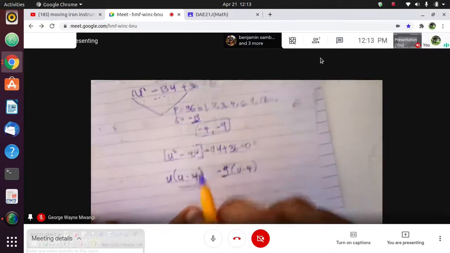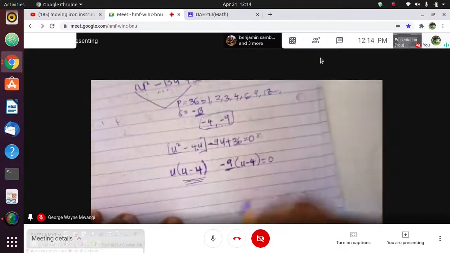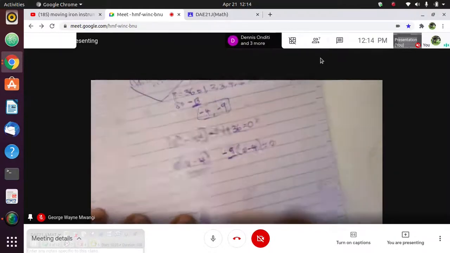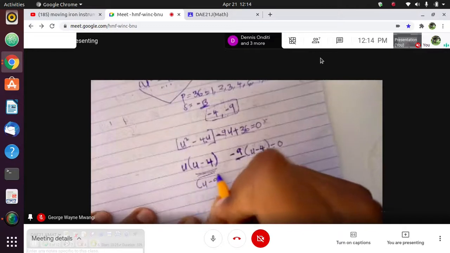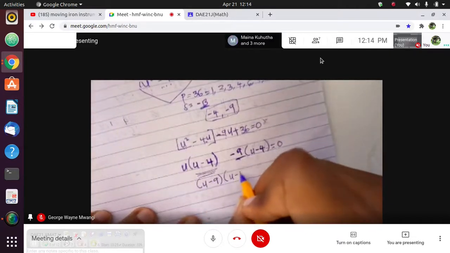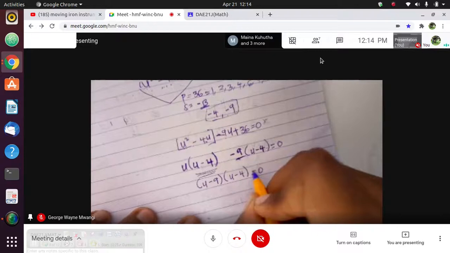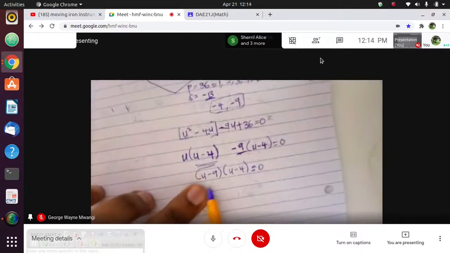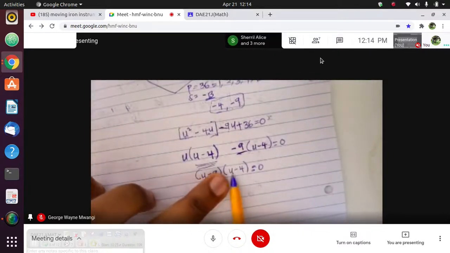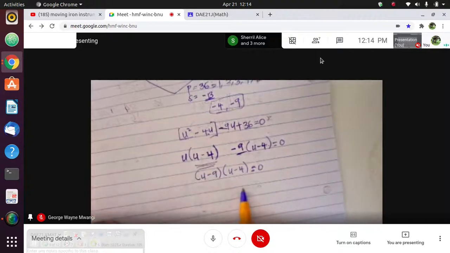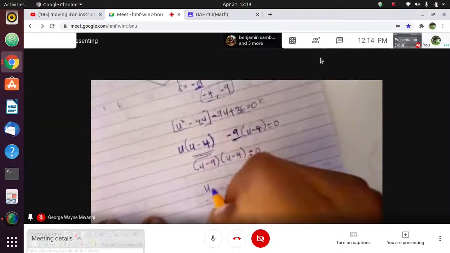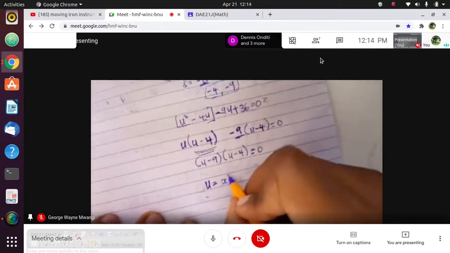It is the same example that we have just done, is equals to 0. Now, our quadratic equation, when factorized, imekuwa u minus 9 into brackets u minus 4. But now remember that u is equals to x squared.